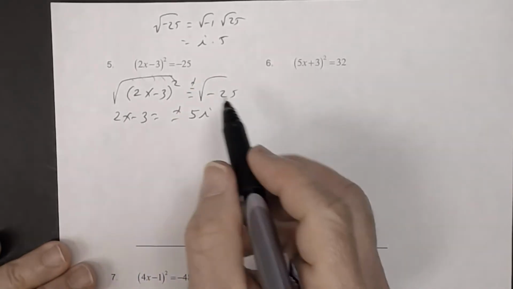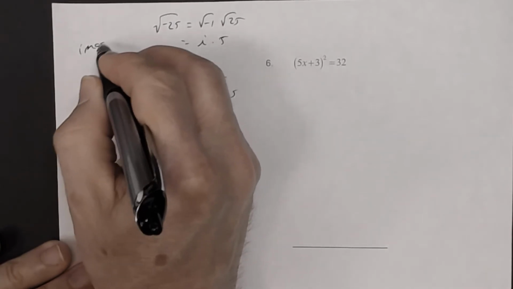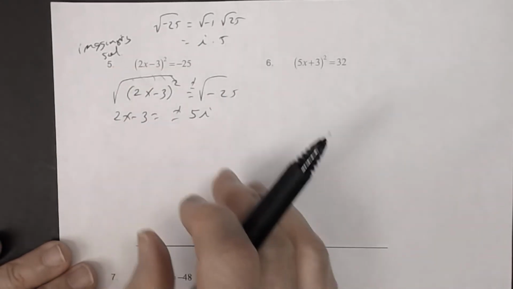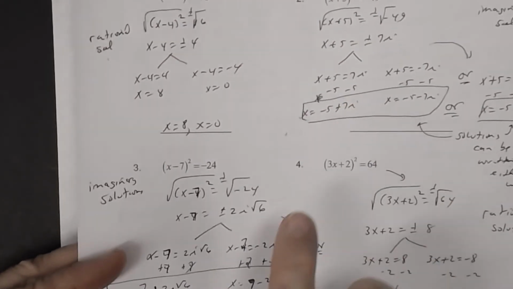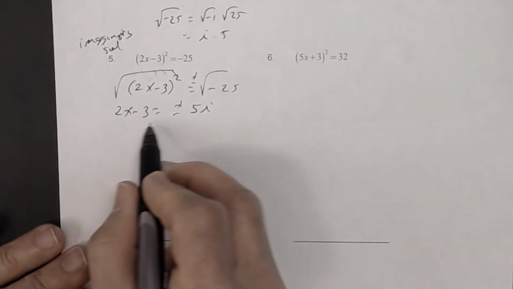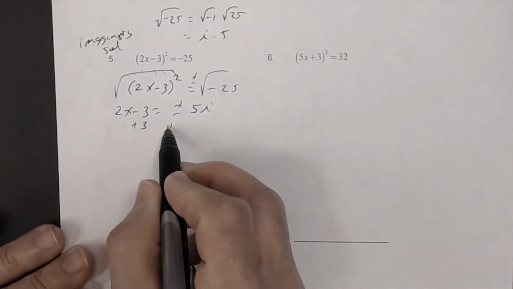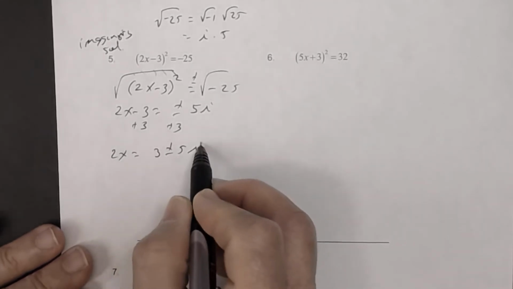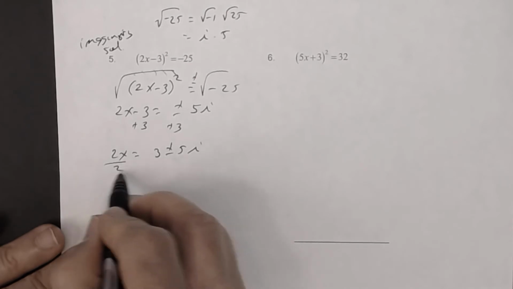Again, notice these are imaginary solutions. So then you're going to write it just like you did with these. Okay, just like these. All right, so you're going to add 3 to both sides. So you get 2x equal 3 plus or minus 5i. And then all you do is divide by 2 and you're done.